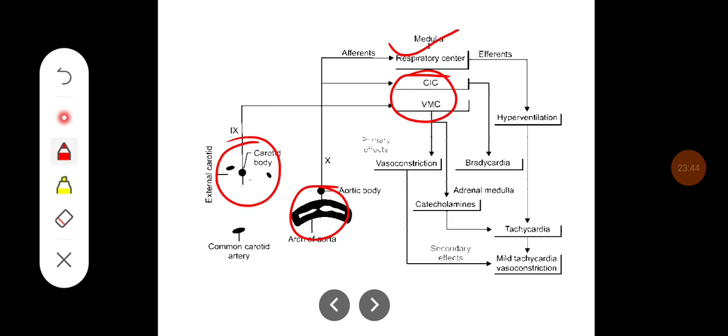On the respiratory center, they cause hyperventilation and tachycardia, and the action on the vasomotor center causes vasoconstriction. There will be release of catecholamines, and the secondary effects like the mild tachycardia and vasoconstriction are caused by the activity of the vasomotor centers.